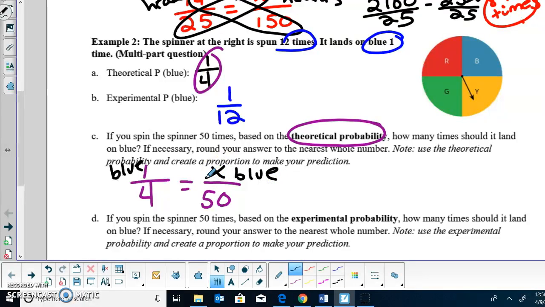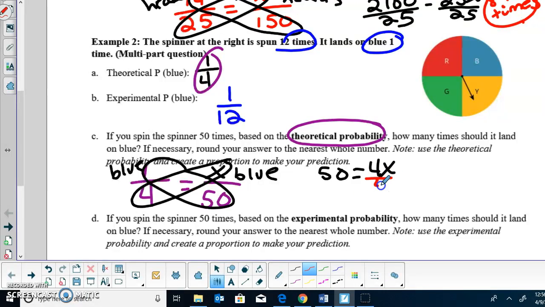Now I just need to solve. 1 times 50, 50. 4 times x, 4x. Now I'm just left with a one-step equation. Once I divide by 4, I get x equals 12.5. A decimal doesn't make sense when I answer this question, so let's round to the nearest whole number. We can expect that based on the theoretical probability, it should land on blue 13 times.